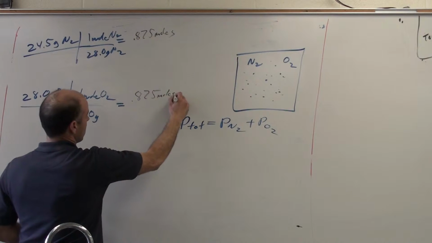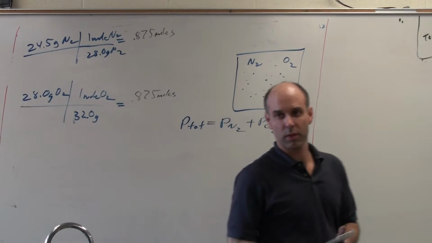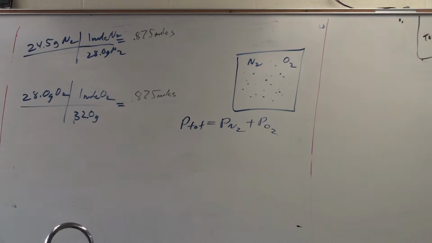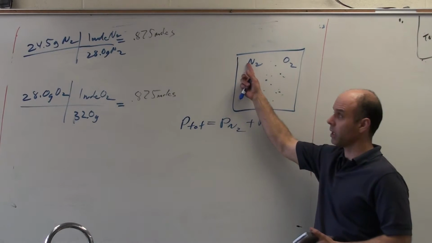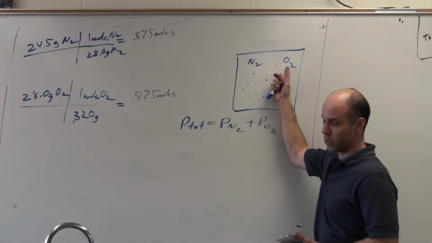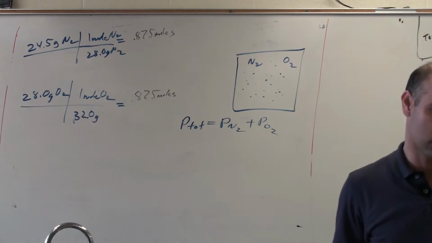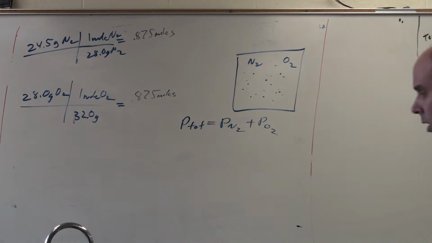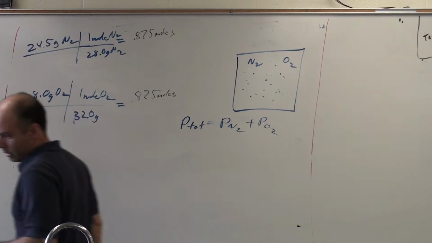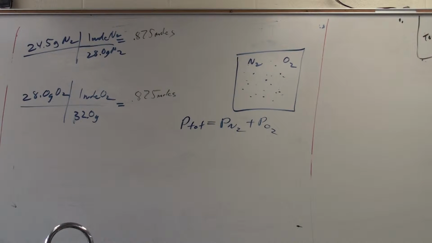The same? Okay. So you can probably tell that's by design. The number of moles are equal. So that means the pressure exerted by the nitrogen is equal to the pressure exerted by the oxygen, because they have the same number of moles. They don't give us the total pressure.